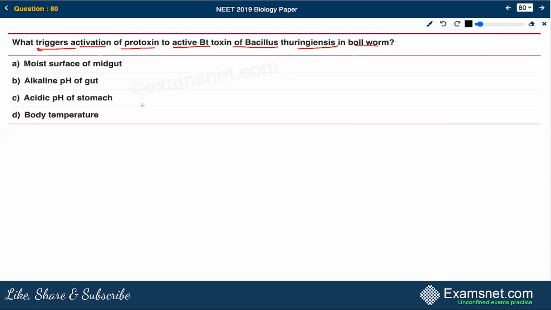All right. So how does the process go? Bacillus thuringiensis forms protein crystals around their life.